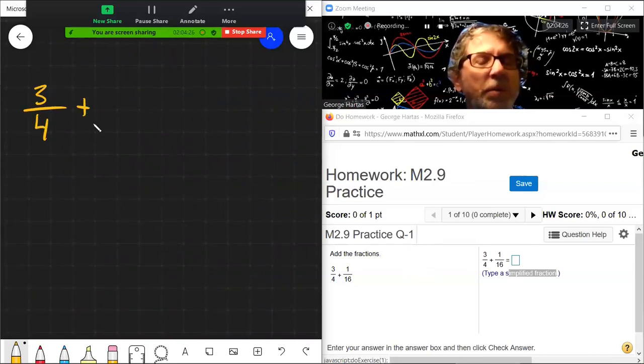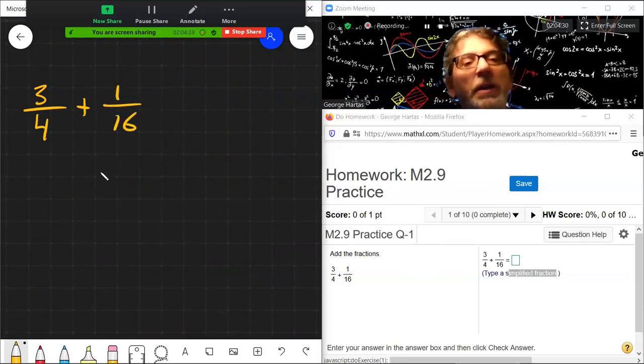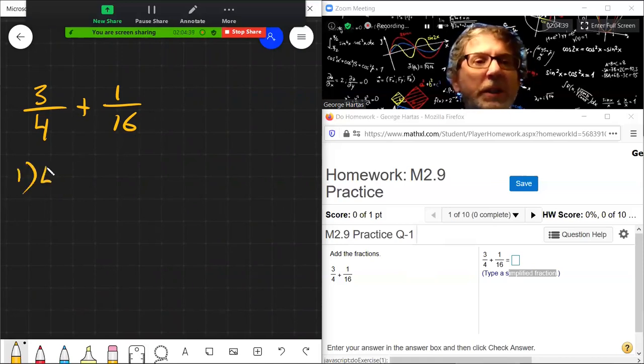3/4 plus 1/16. Now, remember from the last video that we can use a couple different techniques to find the LCD. Step number 1, LCD. We can use the factor tree technique, or we can use the one list of multiples. What do you think is the easiest to do here? Factor tree or one list of multiples?